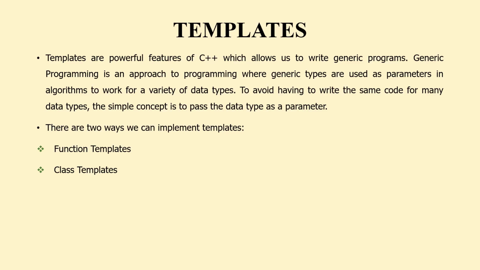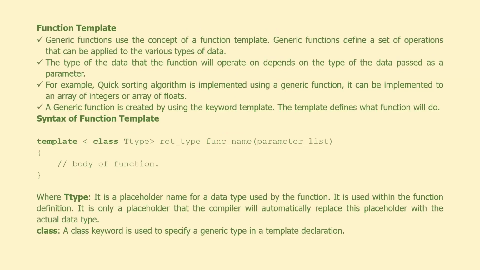There are two ways we can implement templates for the common data types: function templates and class templates. First one, function template. Generic functions use the concept of function template. Generic functions define a set of operations that can be applied to various types of data.